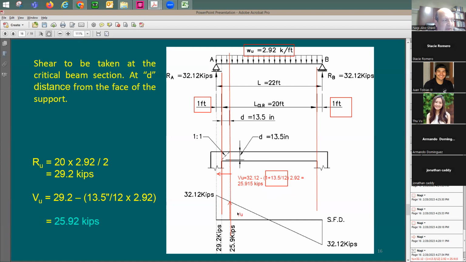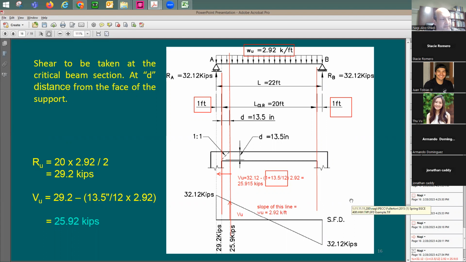1 foot plus 13.5 divided by 12. The slope of this line is actually equal to the load that you apply to it. So I'm going to say here, slope of this line is equal to W ultimate, right? Which is 2.92 kip per foot.